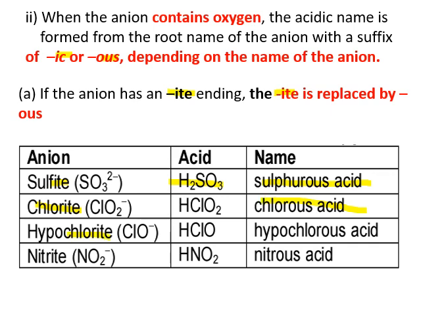Hypochlorite, when you put hydrogen inside, becomes hypochlorous acid. And if you have nitrite, you put hydrogen, it becomes nitrous acid.